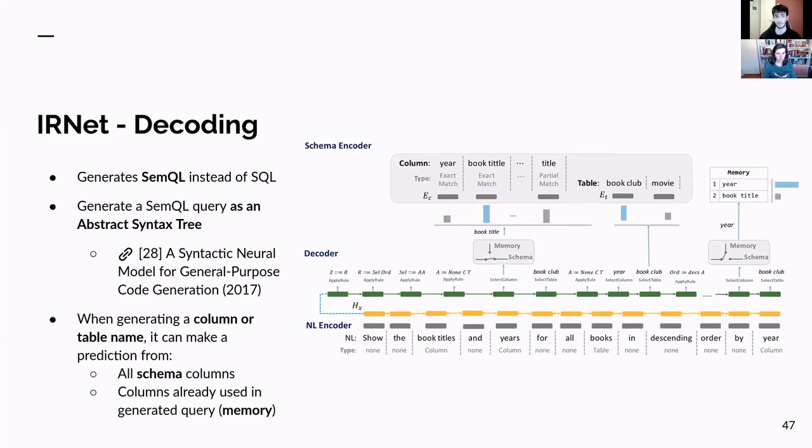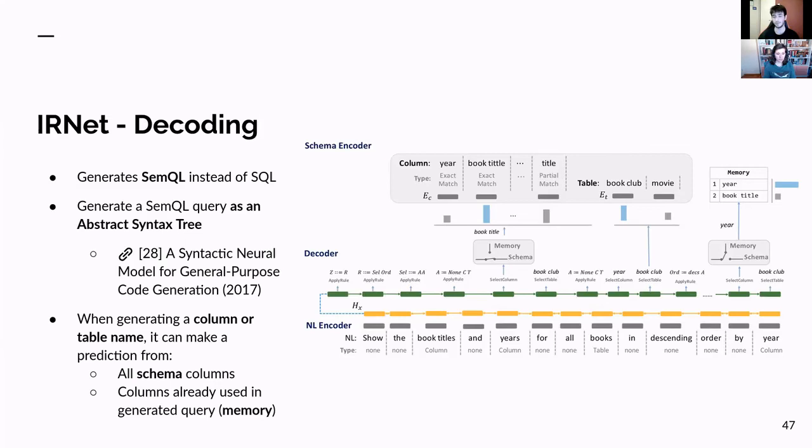And another very important feature of IRNet is that when predicting a column or a table name, it can make a decision to make this prediction either from the entire schema, from all the available options in the database, or it can decide to make this prediction from only table and column names that are already used in the generated query.